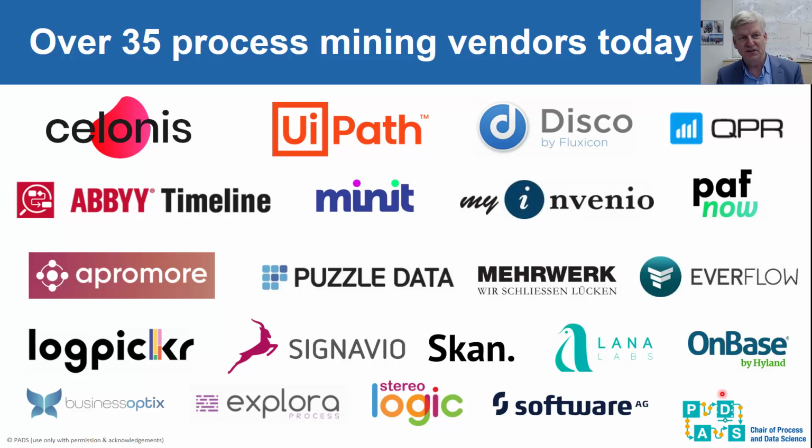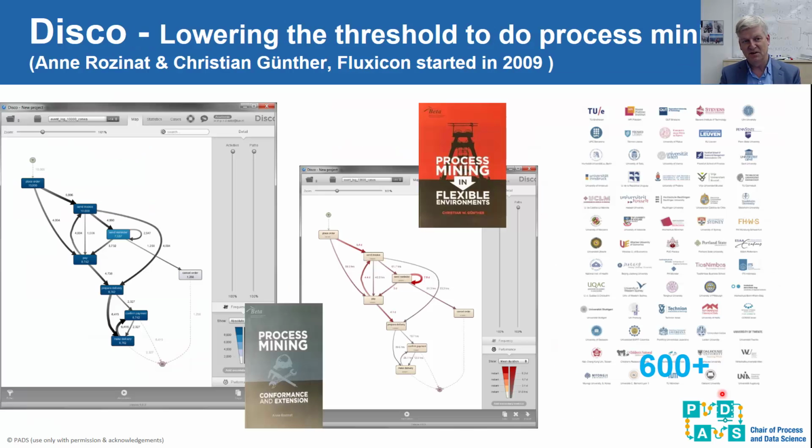There are over 35 process mining tools available today. Here you can see some of the names. Some of these companies are small, others are very big, like for example Celonis and UiPath or ABBYY. These are examples of large organizations, but there are also many smaller ones.